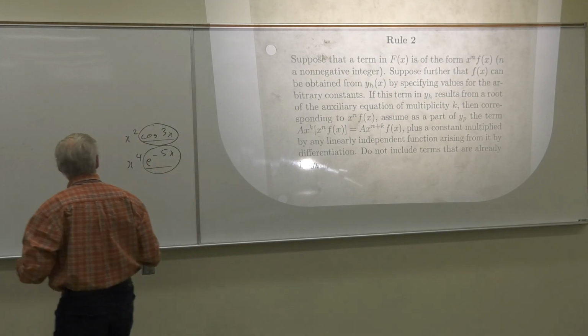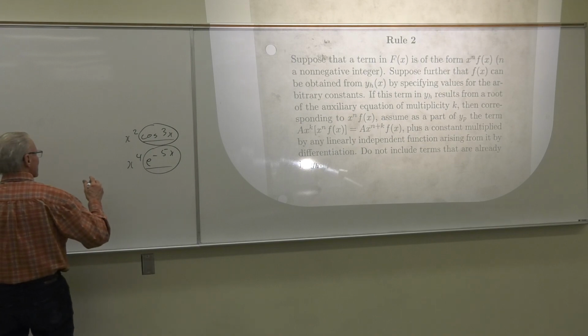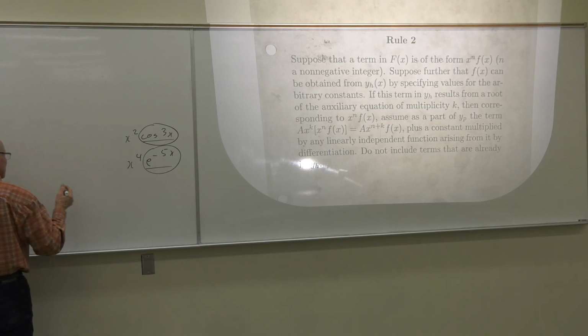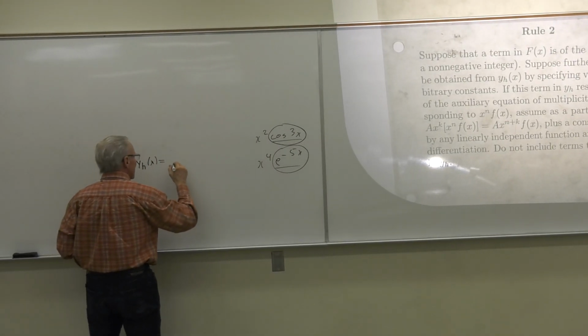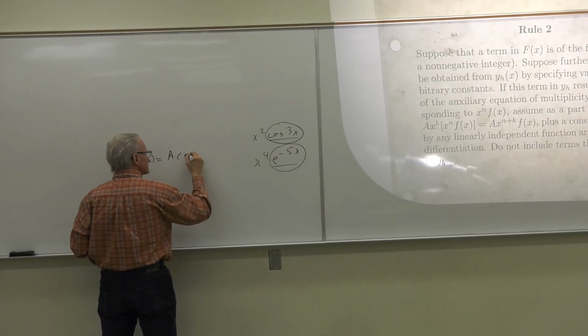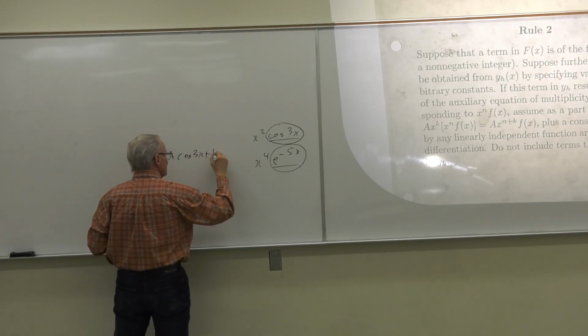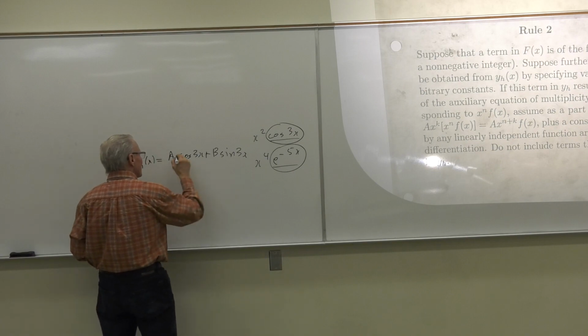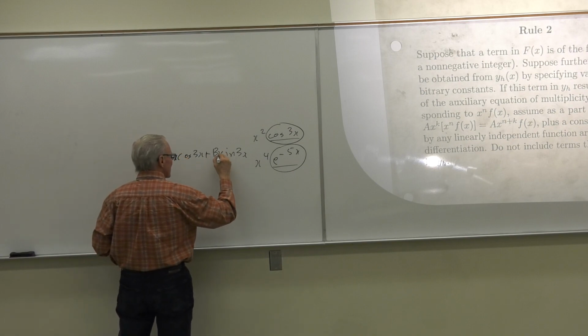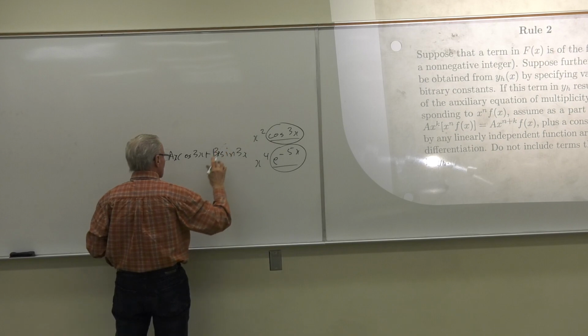So perhaps then, suppose that the y sub h looks like the function y sub h of x is a cosine 3x plus b sine 3x, right? I'm going to put an x in here, and I'm going to put an x squared in here. No, that wouldn't happen, okay?